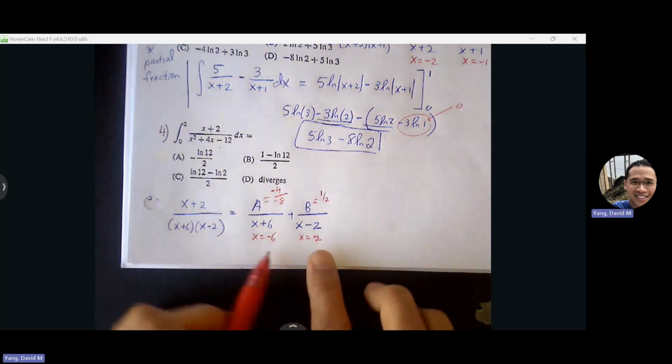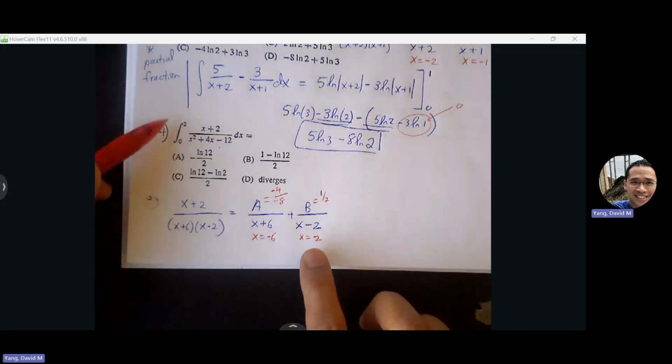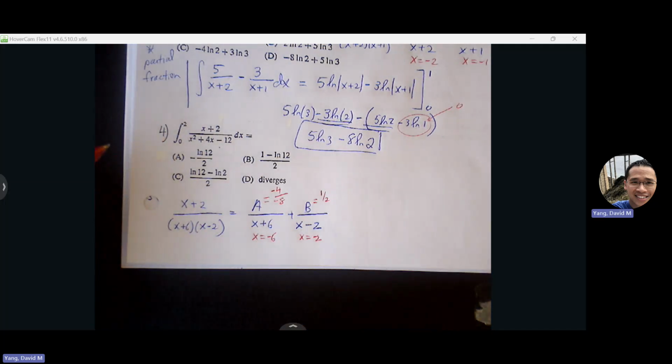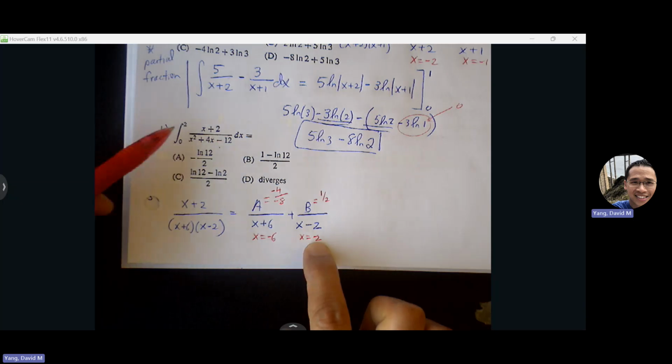Okay. So we have our A and B values. That's good to go. However, there's bounds involved. Is there an issue that you see? There's a vertical asymptote at 2, and there's a boundary at 2 as well.